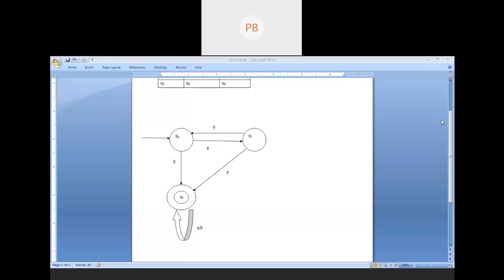Wilson, can you identify the start and end state of this particular transition graph? Reply in the chat box immediately.